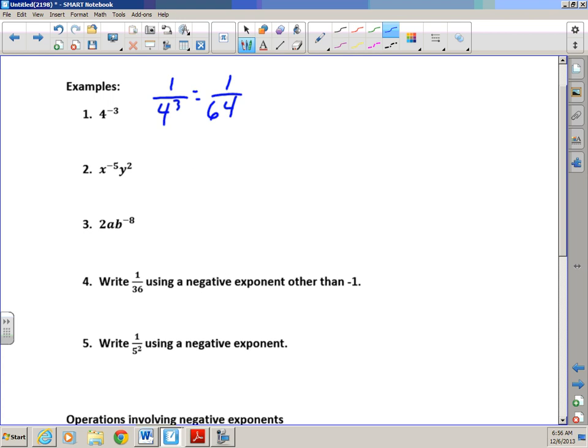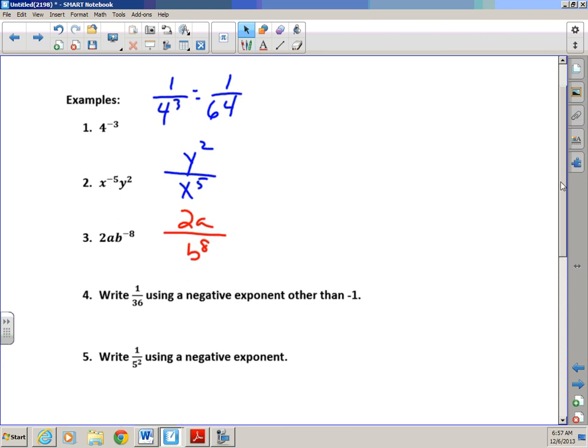In example 2, only the x is raised to the negative power, so only the x needs to move. And in 3, only the b is raised to the negative power, so only the b needs to move. Write 1 over 36 using a negative exponent other than 1.